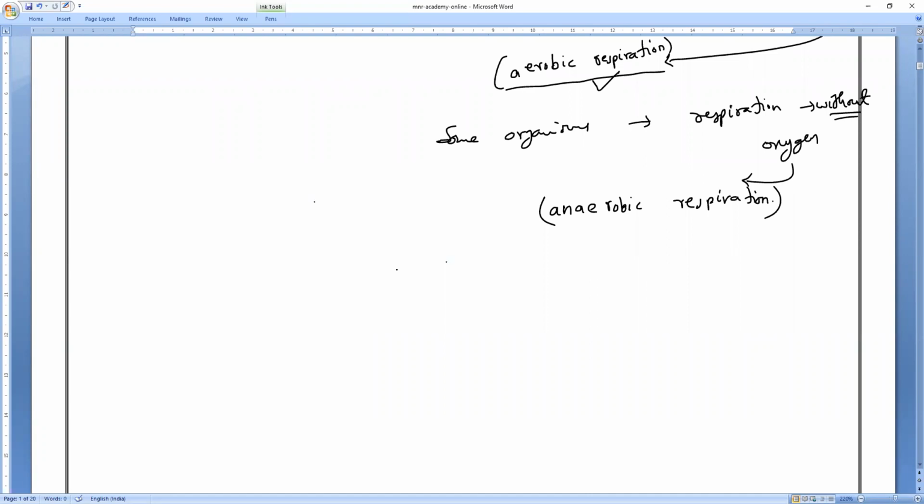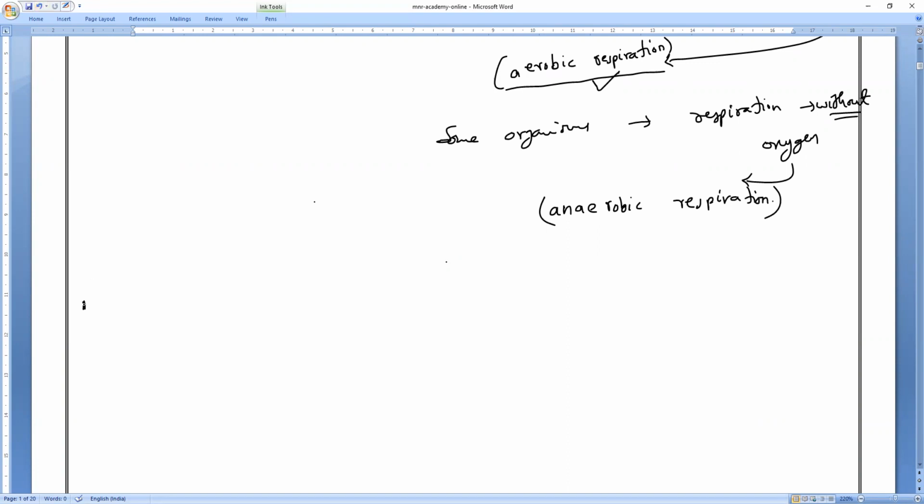All of you observe very carefully. These are common points to keep in mind, which will help us in understanding the two types of respiration, aerobic as well as anaerobic.